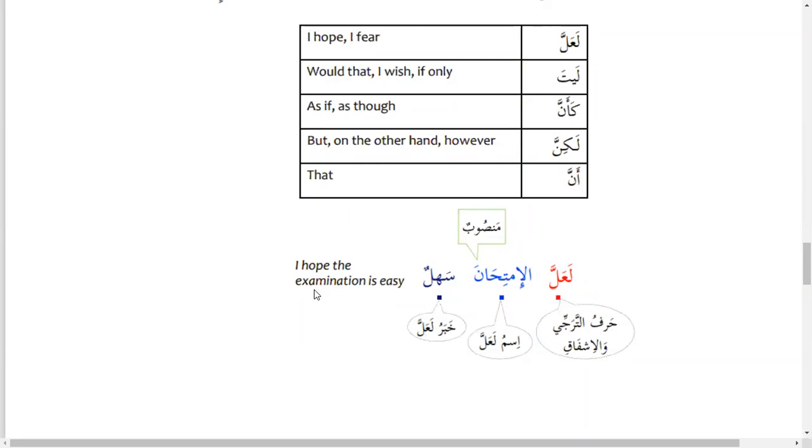But if we fear and have a doubt, or have the feeling that the exam is going to be difficult, then we can also translate it, I fear the exam is easy. So it depends on your feeling. Yes, I fear that the exam will be difficult. Thank you very much, Irfan.